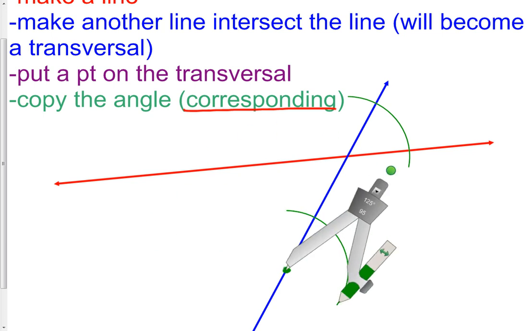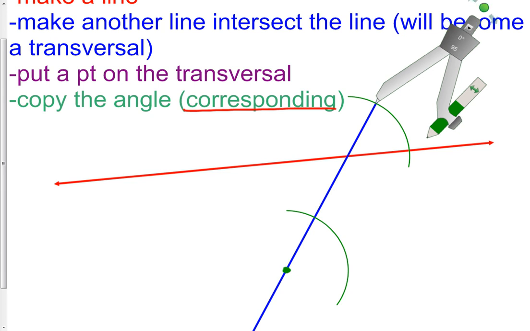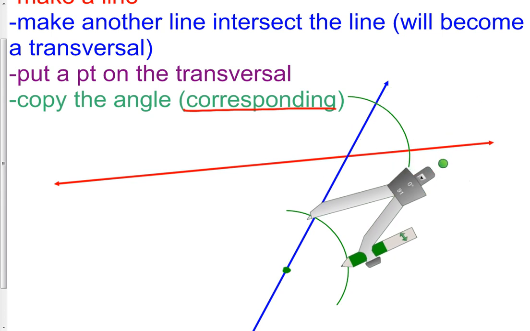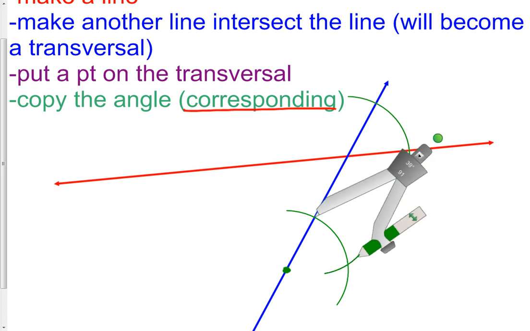Now I want to get this distance of the angle. So I put my needle at one intersection, and my pencil at the other intersection. I'll have to close it up just a little bit. There we go. Now I'm going to put my needle at this intersection and make that X with my other intersection, just like this.